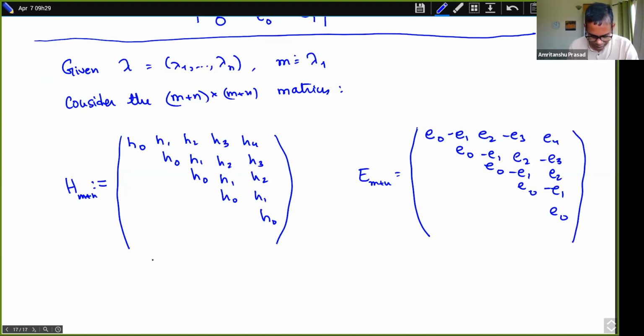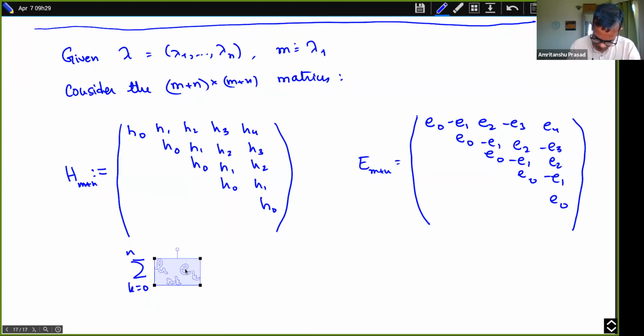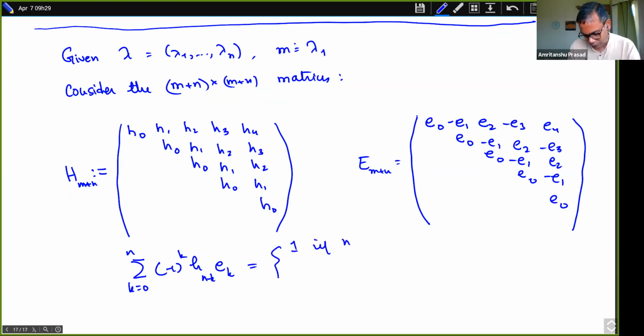And what we know, we have this identity, right? The summation of H N minus K E K, K goes from 0 to N, and so there should be a minus 1 to the power K. This is equal to 1 if N is equal to 0 and 0 otherwise.